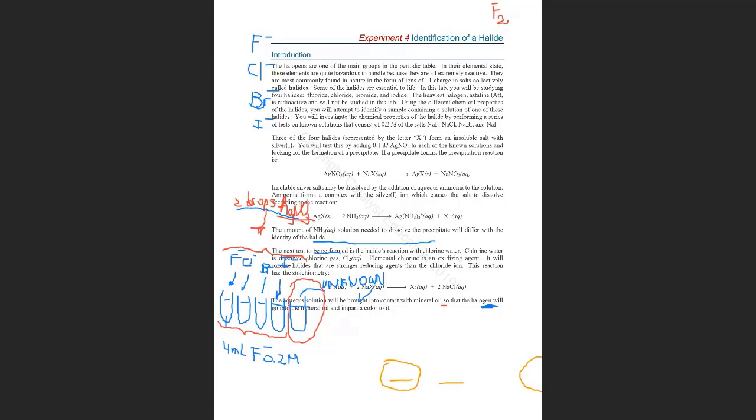Now, this is the first set of the reactions. We said we have the 5 tubes and we add the silver nitrate that is soluble, and then once we have the precipitate, we dissolve it with ammonia. Then here it says the next test to make sure which of the halogens you have is to perform the halides reaction with chlorine water.